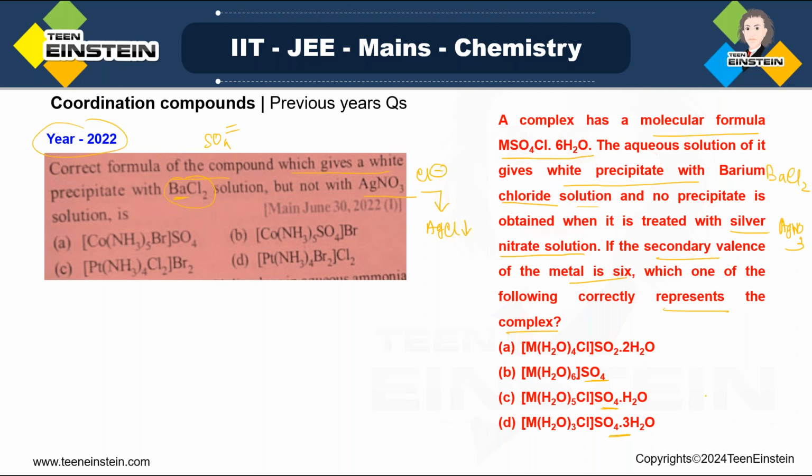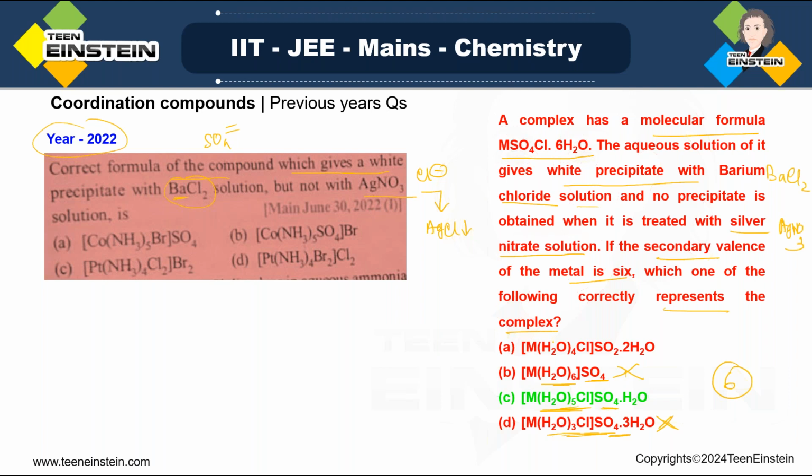Now the secondary valency must be maintained, which is 6. Comparing all this, here it is 6, here it is 6, here it is 3 H2O and Cl, so it cannot be correct. In option B, the Cl is missing, so this also cannot be correct. So this is the only option that is possibly correct.